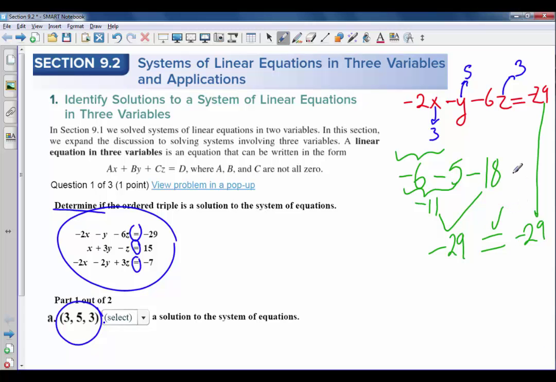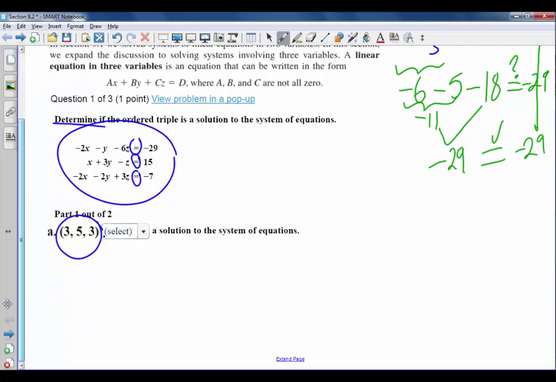Put the check mark. If you want, you can bring minus 29 here as well, but with a question mark. We are not sure yet, but here we are sure. And this is the end of checking the first equation. So far I'm feeling 90% chance this is a solution, so you can risk it, but I will still check the second and third equations and make sure, okay?